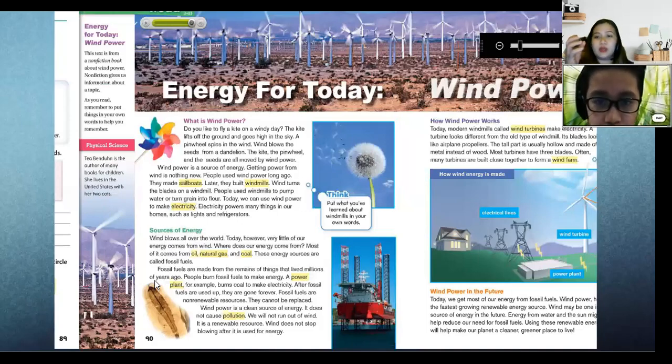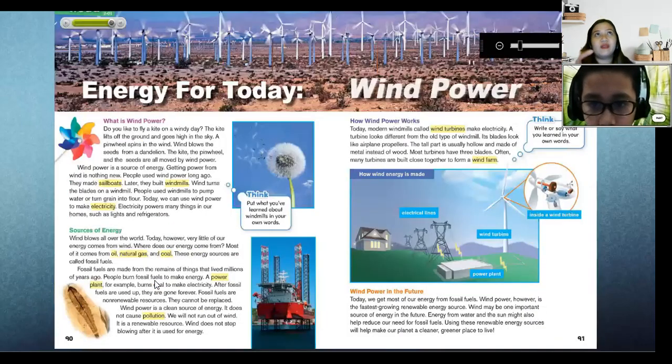I want you to remember that most of the energy we use right now comes from fossil fuels, like oil, natural gas, and coal.